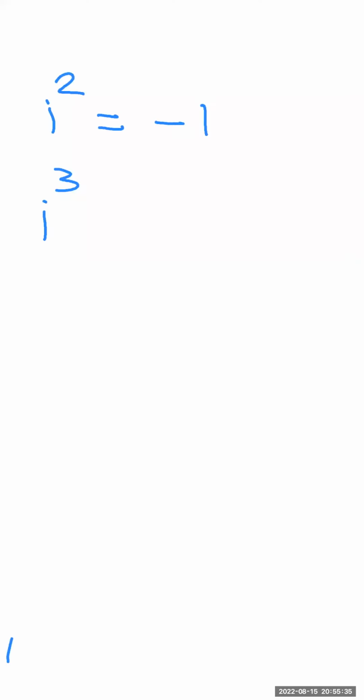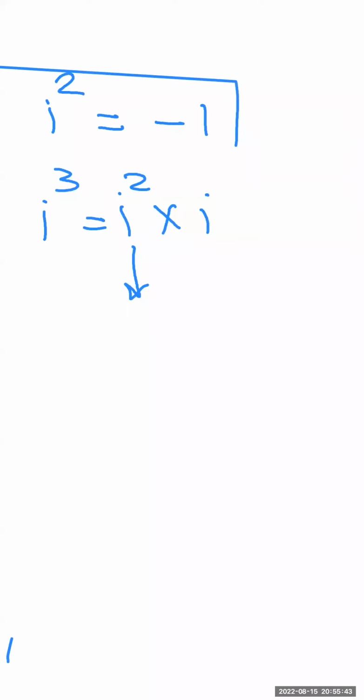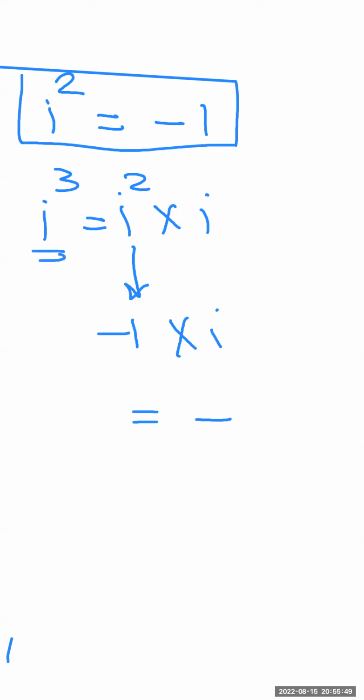But i squared, we know that it equals -1. So this is -1 times i. So i to the power 3 equals -i. Okay, one more point. What about i to the power 4?